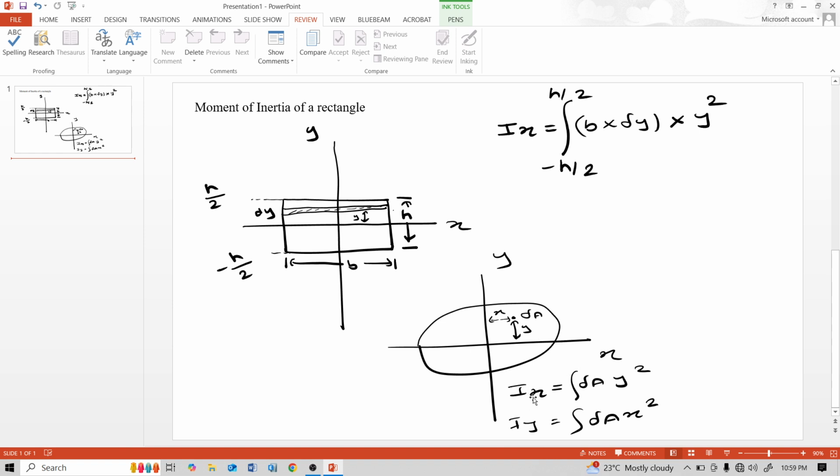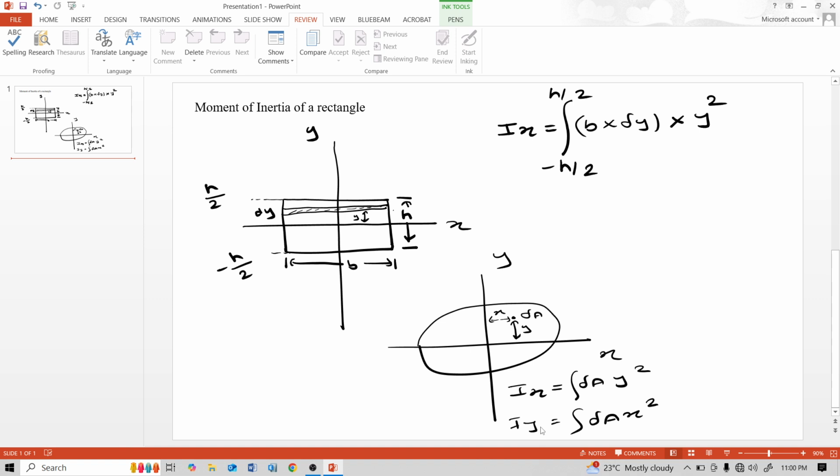Why y? Because we calculate the moment of inertia about the x-axis, and the distance between x and delta A is y. We integrate it over the whole body.